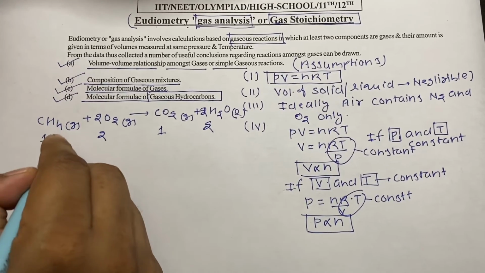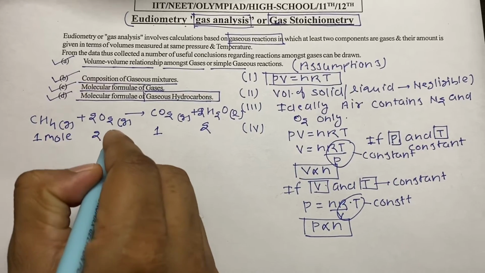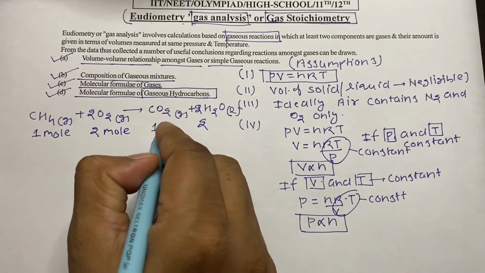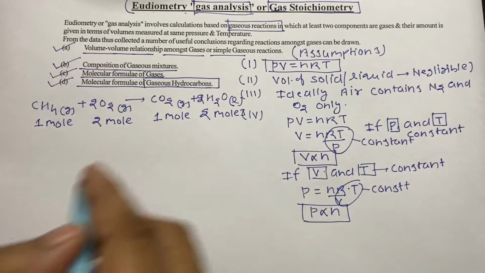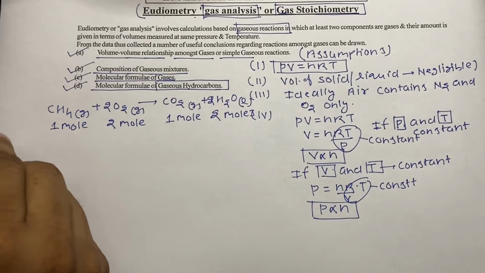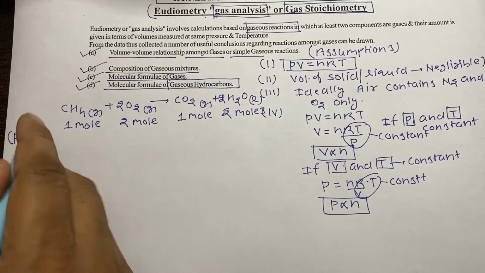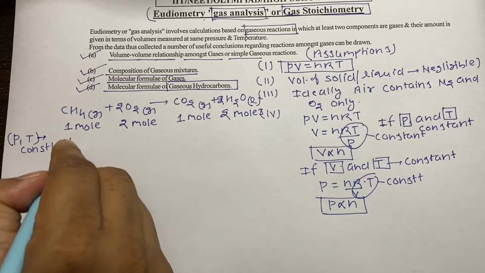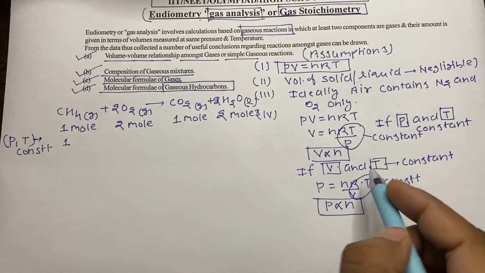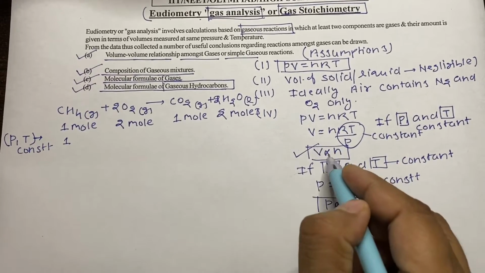We can say it's 1 mole of methane, 2 moles of oxygen, 1 mole of CO2 and 2 moles of H2O. When we apply identical conditions of pressure and temperature, when P and T are constant, we can say that the mole ratio and volume ratio will be the same.